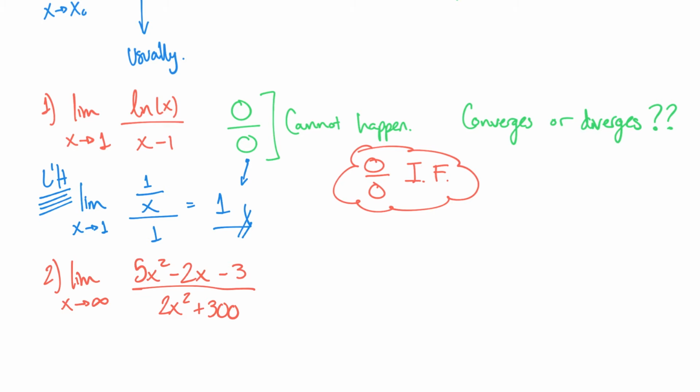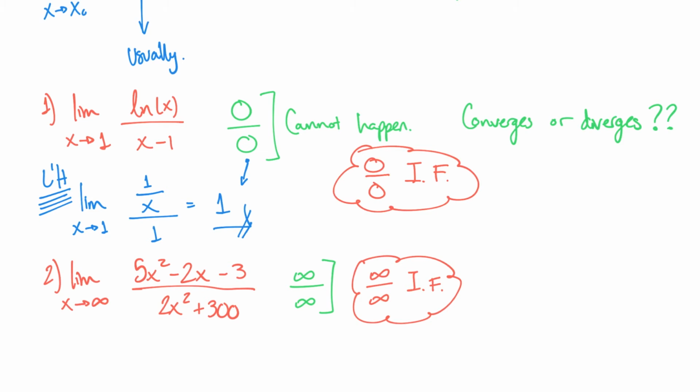So what's this? Well, that's basically going to be infinity over infinity. Can we tell right away whether that converges or diverges? Nope. So this is another problem, which we're going to call infinity over infinity indeterminate form.